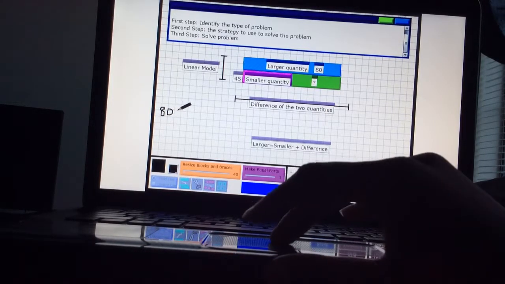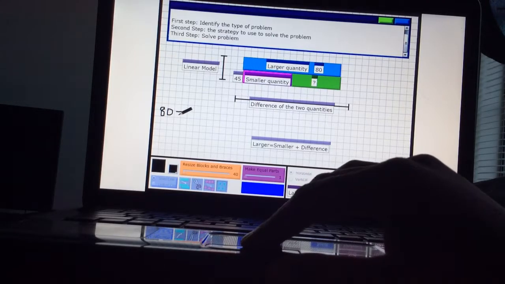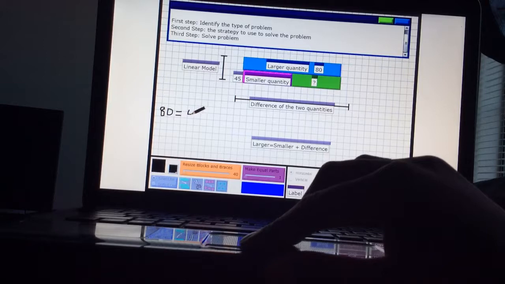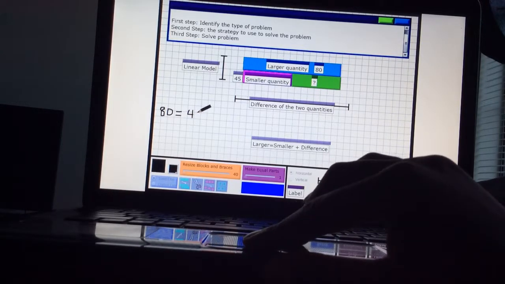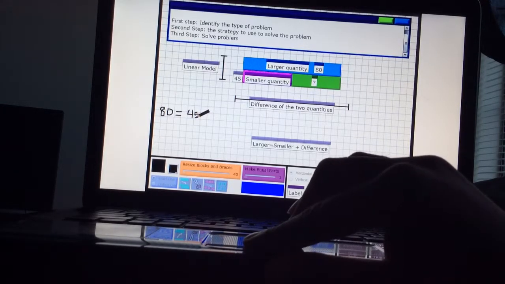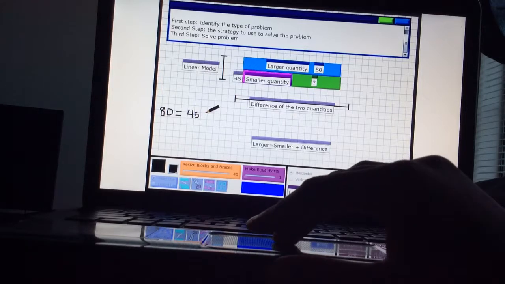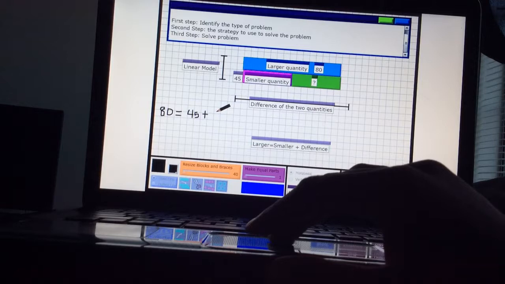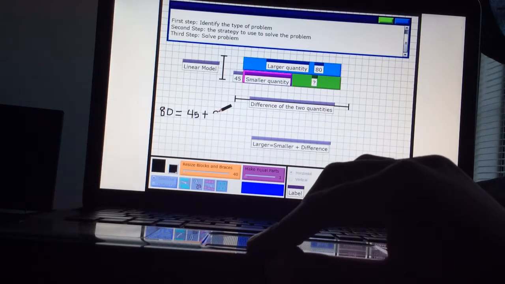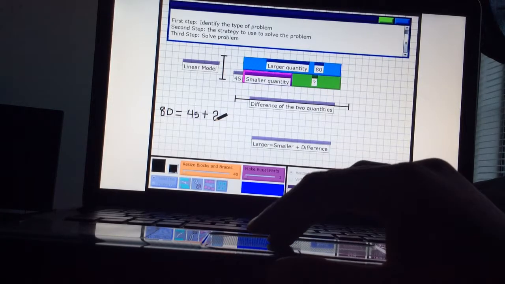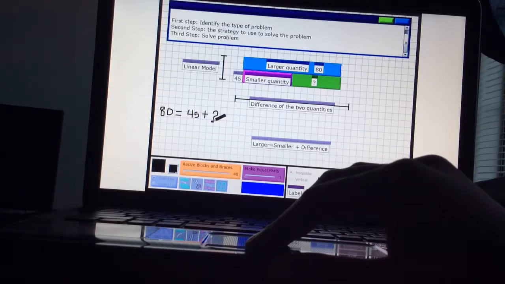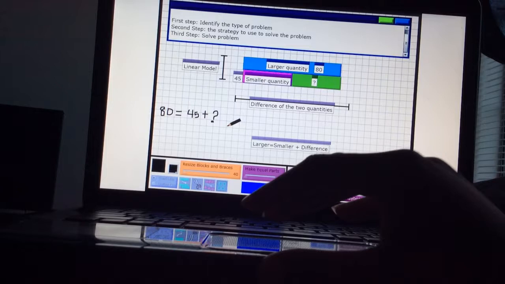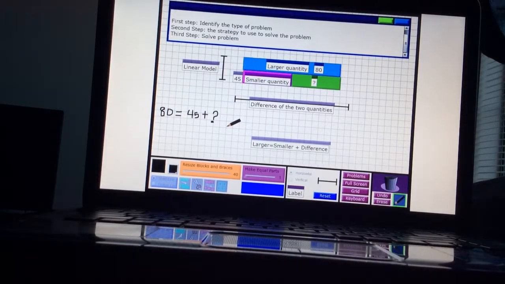So 80 equals 45 plus the difference. And we're using a question mark to represent the difference because we don't know what the difference is.